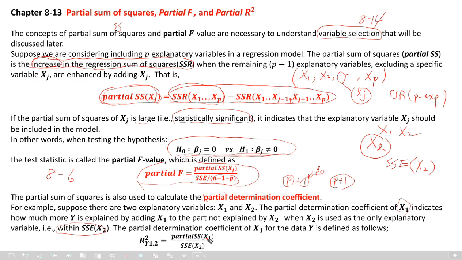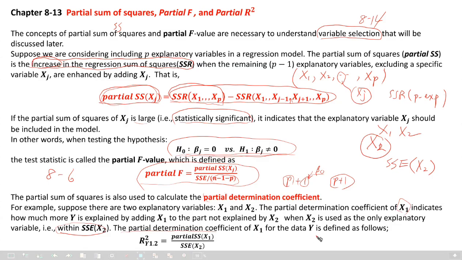So what is the proportion, the ratio of partial sum of square of x1 to unexplained variation of x2? Get it? That is the partial determination coefficient of x1 for the data y.